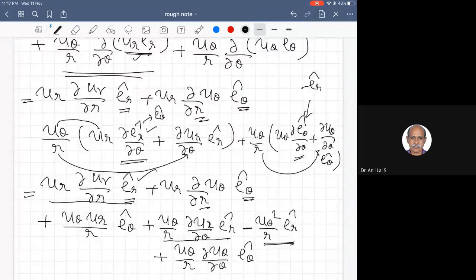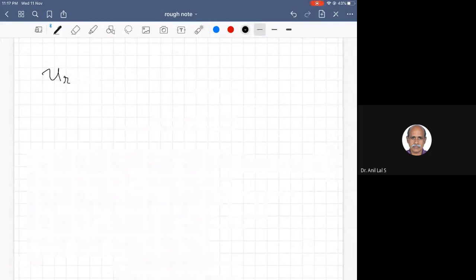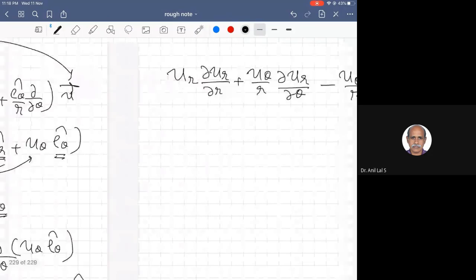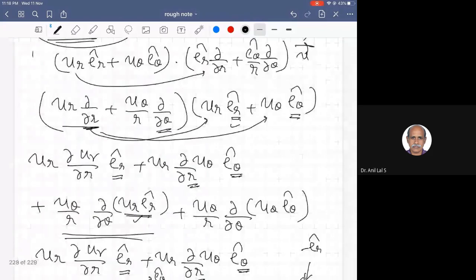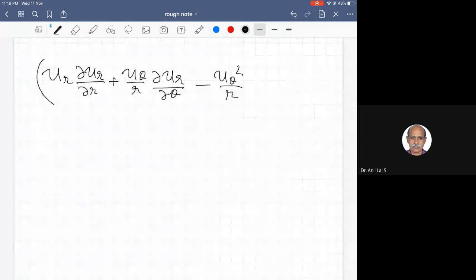If you rewrite the terms in the radial direction, it is ur dou ur by dou r plus u theta by r dou ur by dou theta minus u theta squared by r, the whole into er.